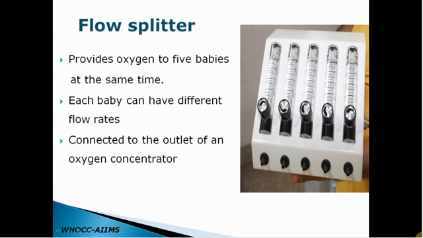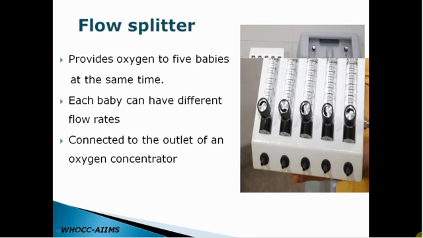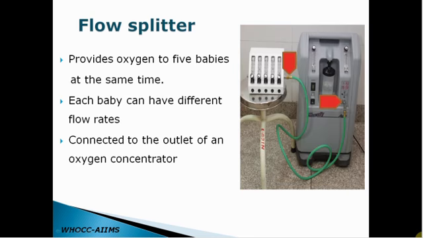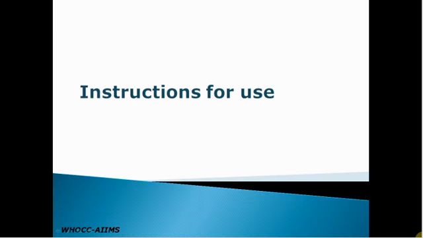This can provide oxygen to 4 or 5 different babies at the same time. Each baby can receive different flow rates. It is connected to the outlet of an oxygen concentrator. The oxygen is delivered through plastic tubings connecting the outlet nozzle and the nasal prongs fixed to the patient.